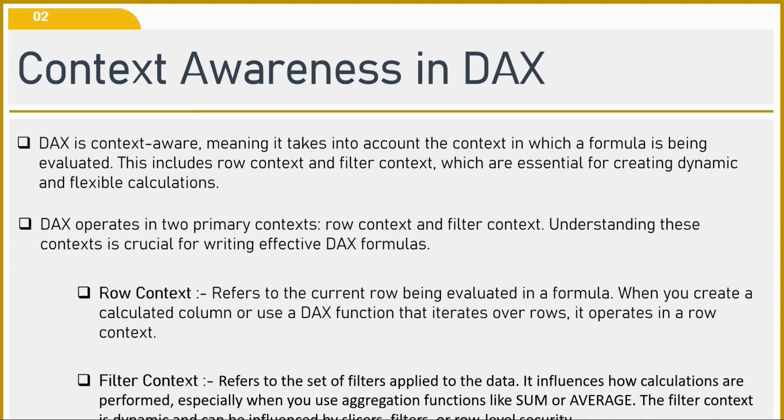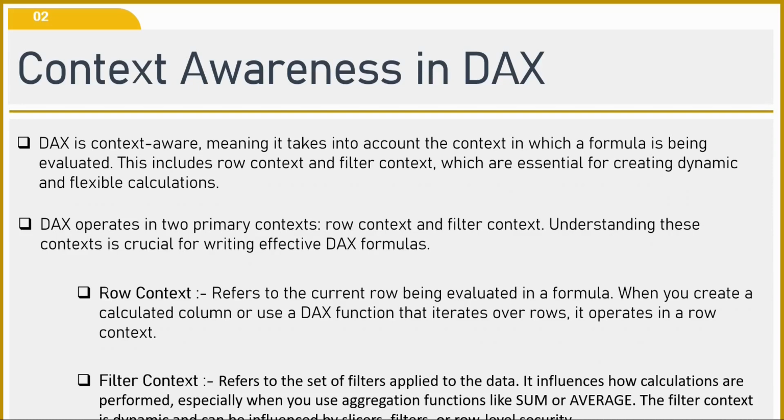That is what a row context is. Filter context is a set of filters that are applied when we are creating our DAX functions. We will see row context and filter context in depth when we create some dynamic calculations.